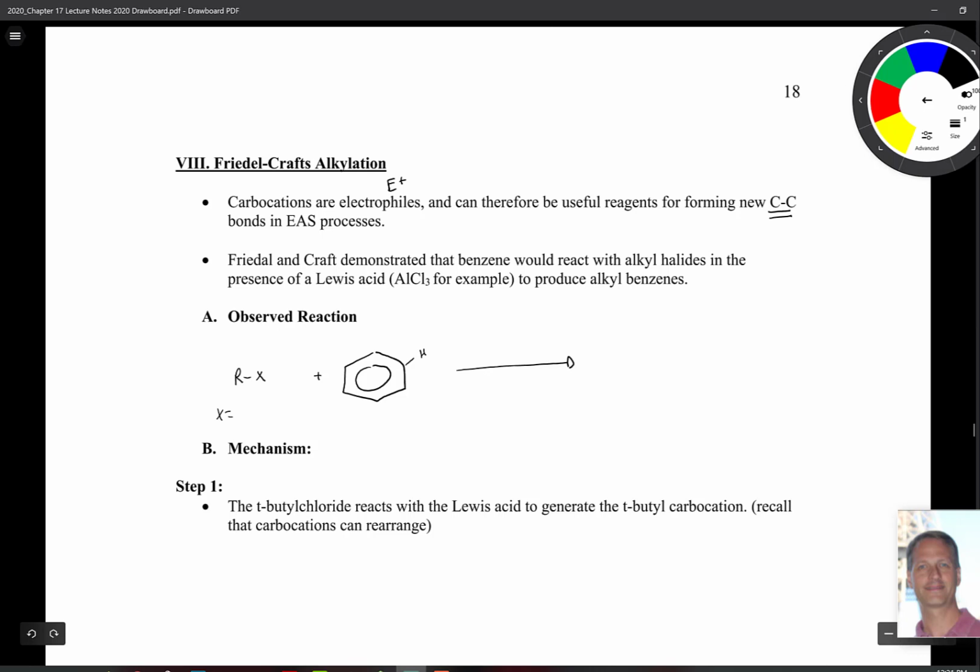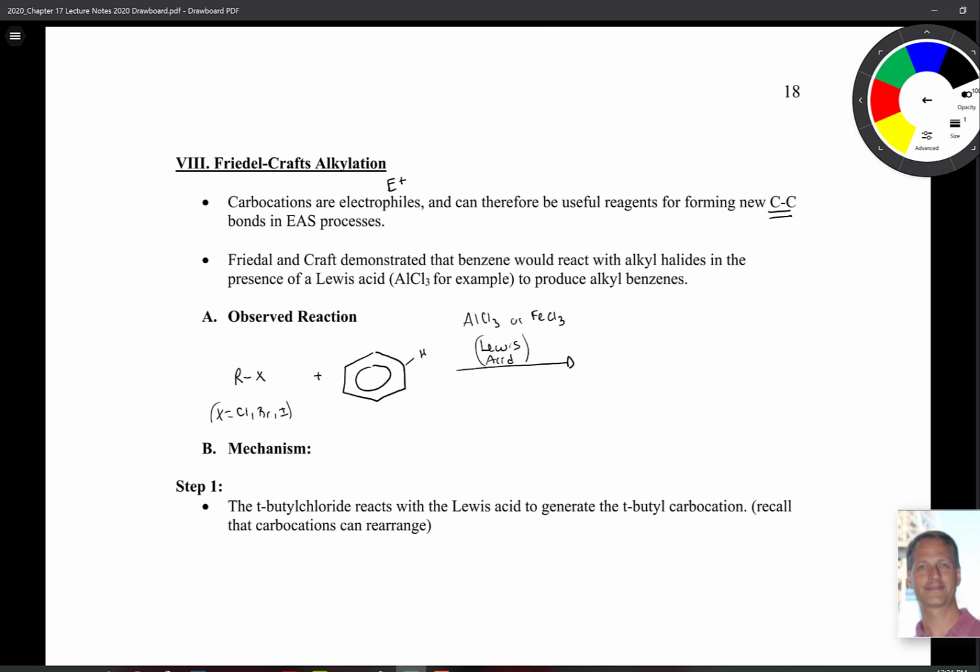X is a good leaving group, so chlorine, bromine, or iodine, for example. And then we need to have a Lewis acid here, so AlCl3 can be used, or FeCl3 might be used for that. And again, those are acting as our catalyst, or the Lewis acid here, to help facilitate that reaction.